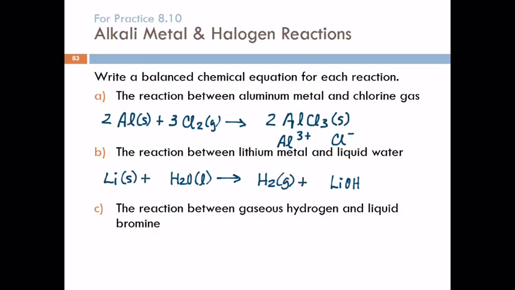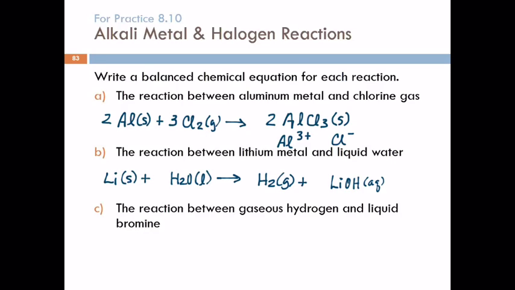What should we write for the state of that? Aqueous. Lithium hydroxide by itself would be a solid, but this is happening in liquid water. And lithium hydroxide is soluble because all lithium compounds are soluble. So this is aqueous. Is this balanced?